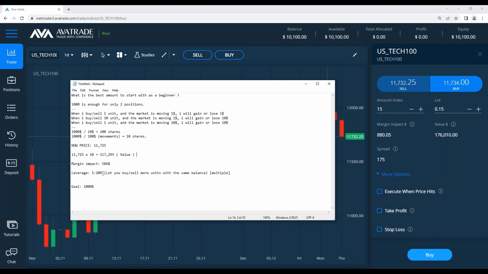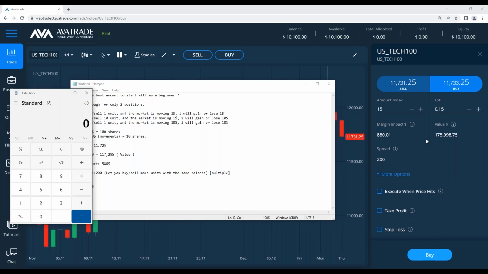For instance, I have 1 to 200, and thanks to that, my margin requirement is 200 times less. 176 becomes 880 if you divide it by 200. This is the margin that I'm expected to have to open this position. So if I divide it by the leverage, I get the requirement.